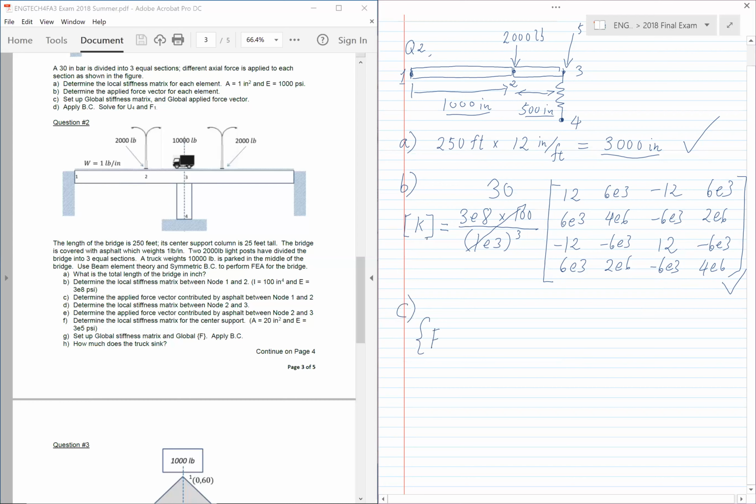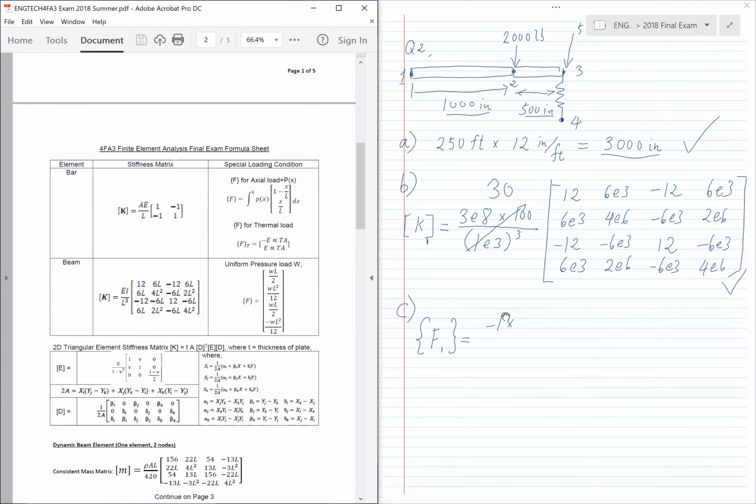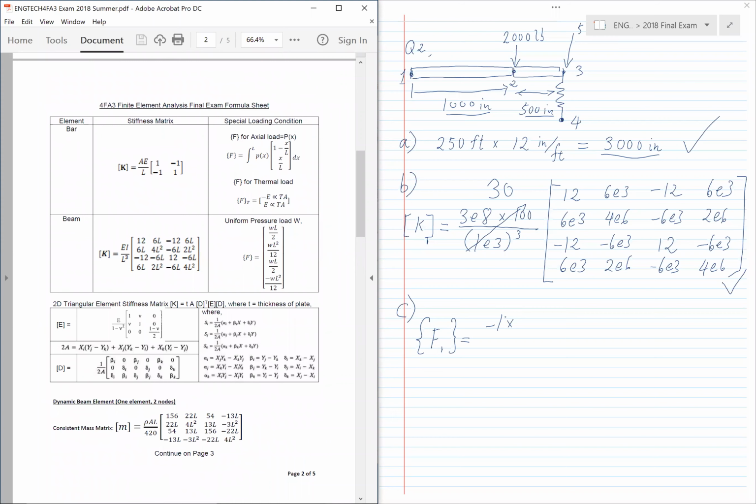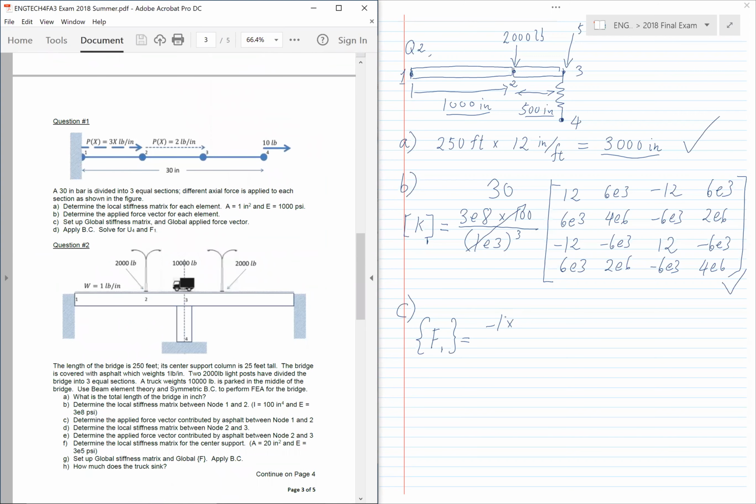This is element 1. Force acting on element 1. So which is negative 1 times, what's the force vector? I forgot. Force vector for the weight: weight times L over 2. So the weight is negative 1 per inch. Okay, guys, remember the sign is so important.